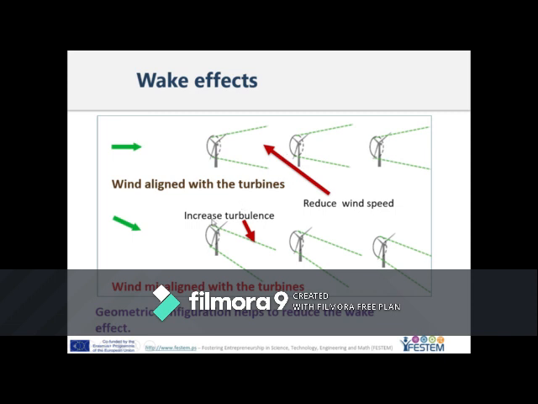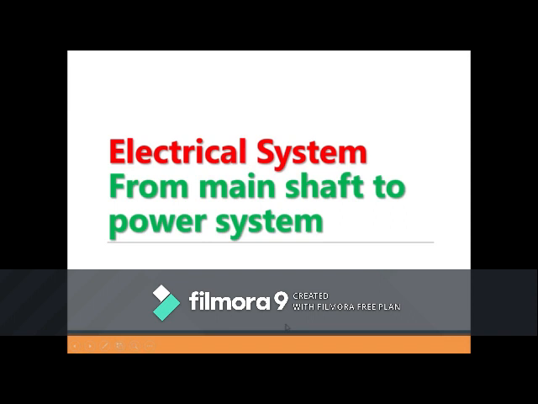Usually you try to align your turbine with the wind, so it generates the maximum amount of force or torque, so you produce more power. So geometric configuration helps to reduce the wake effect.